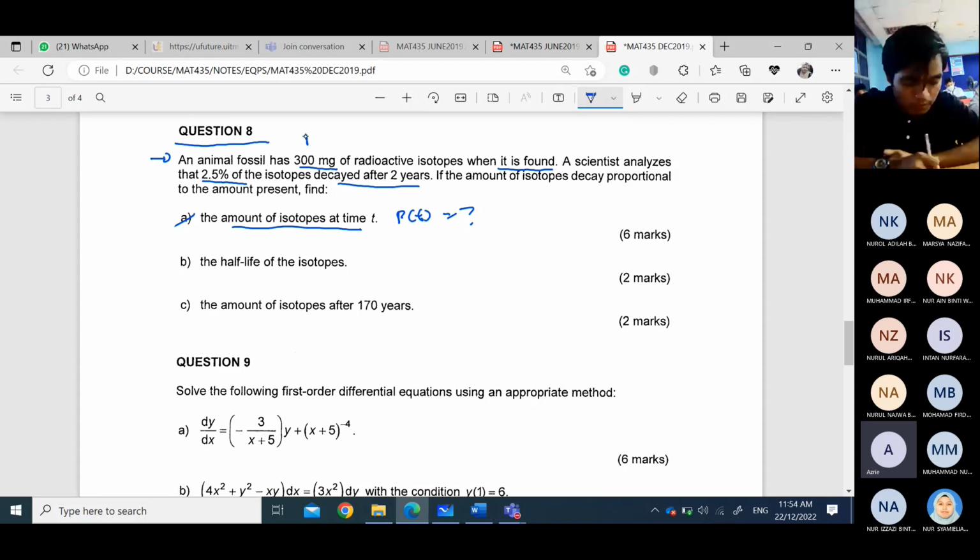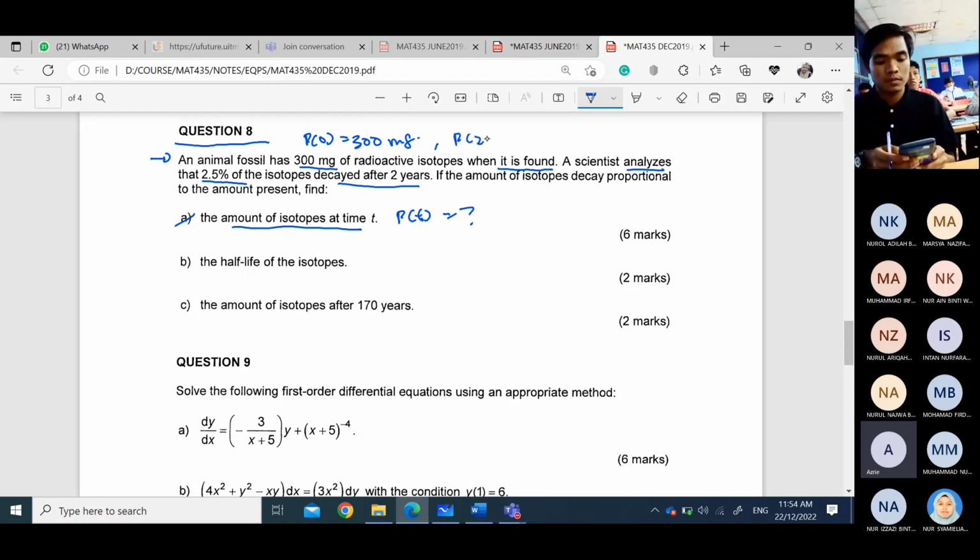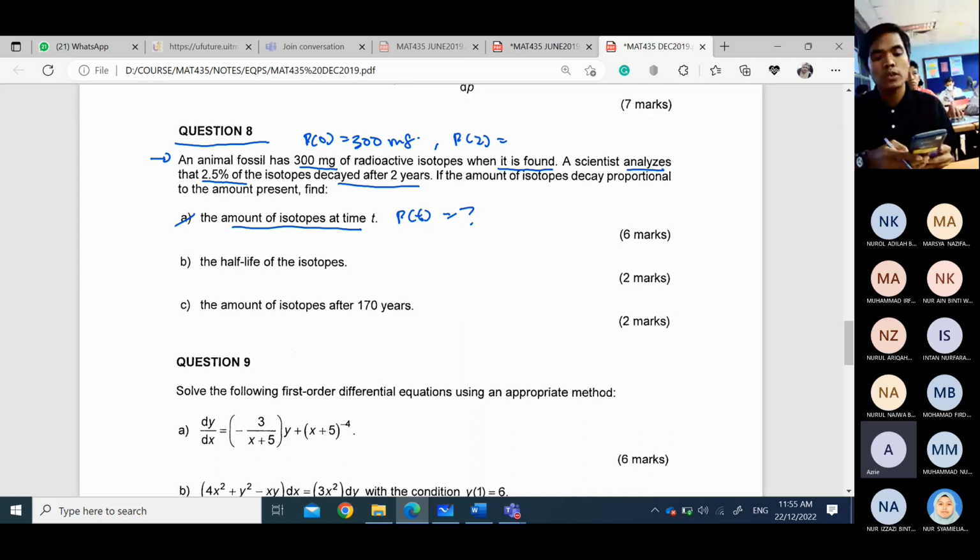Okay, so this one you can say that P at t equal to 0 is 300 milligram of radioactive. And then analyzed, P2: after 2 years, it decay 2.5%. So maksudnya berapa tu? 100 minus 2.5, yang tinggal tu 97.5. Darabkan dengan 300.